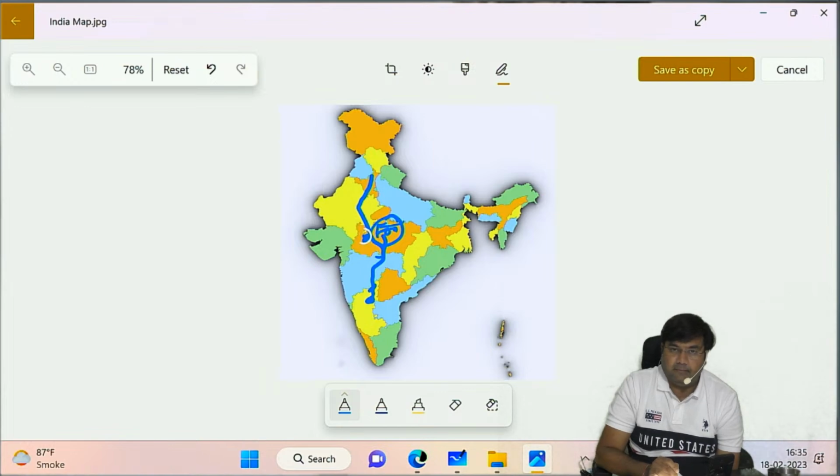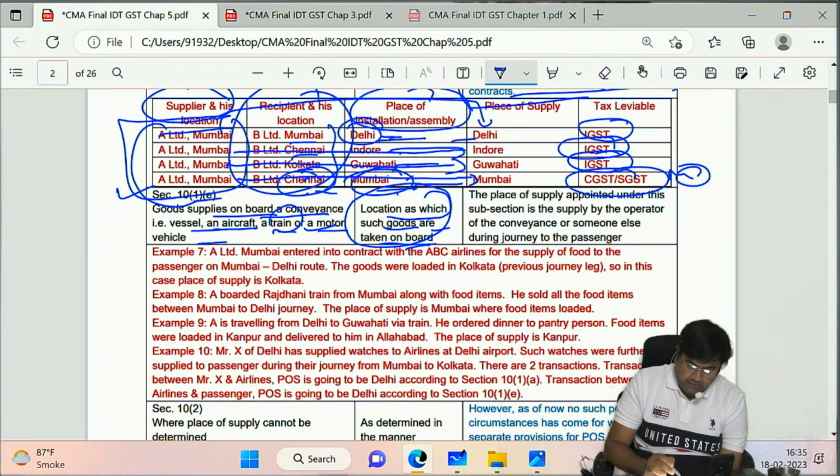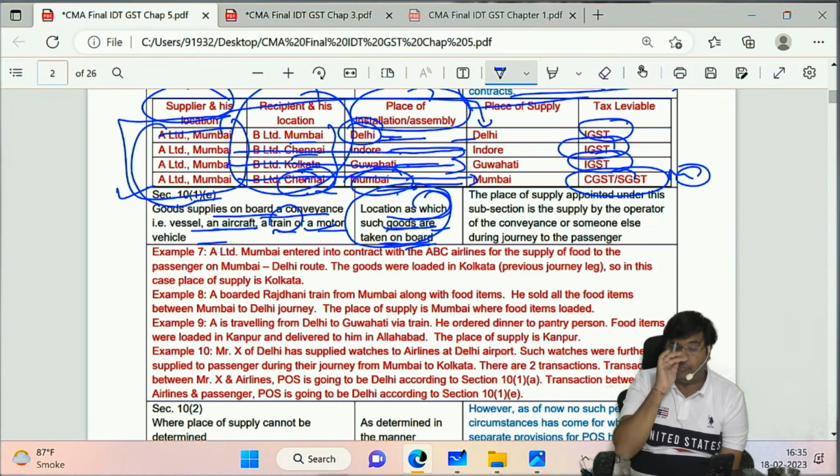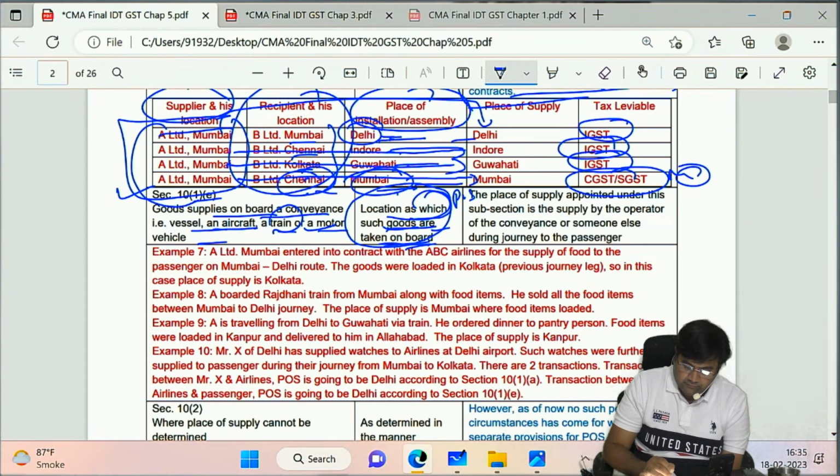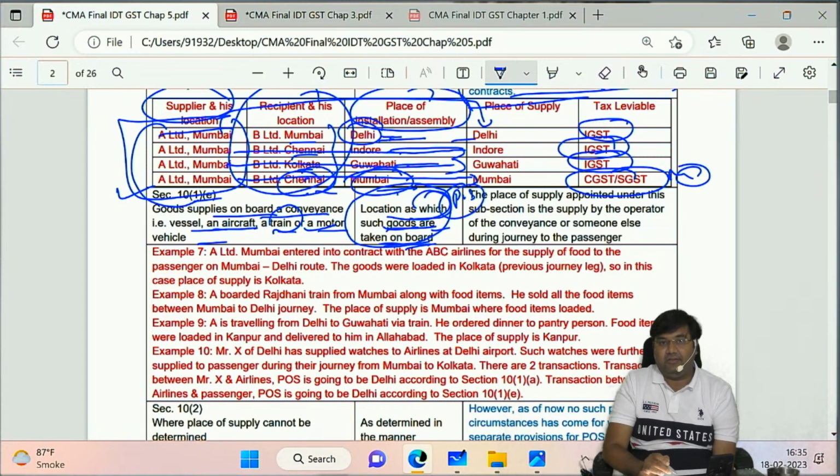So what is going to be the place of supply? Whether Bangalore, Delhi, what? This section says the location at which such goods are taken on board. So in Ratlam, MP, goods are taken on board. So MP is going to be the place of supply, not Bangalore or Delhi or any other region.